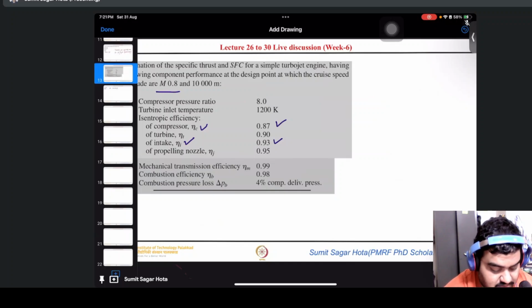So now we target that, because there we can find out the value of T2, because we have P2, we have P1, we have T1. Now isentropic efficiency of a compressor relates the T2 by T1 ratio. So we can easily calculate this.